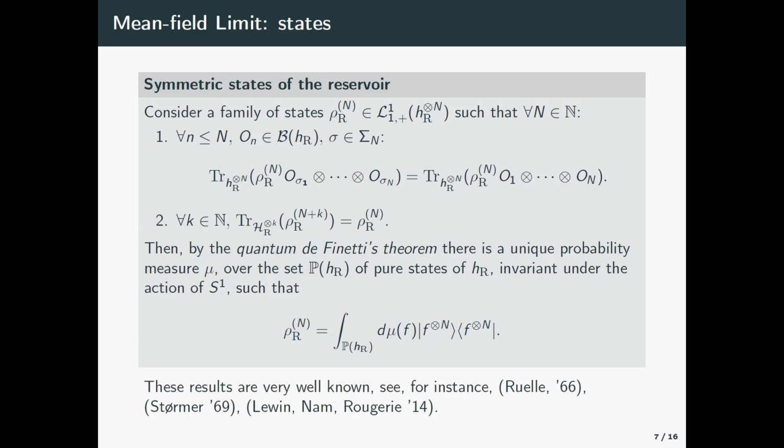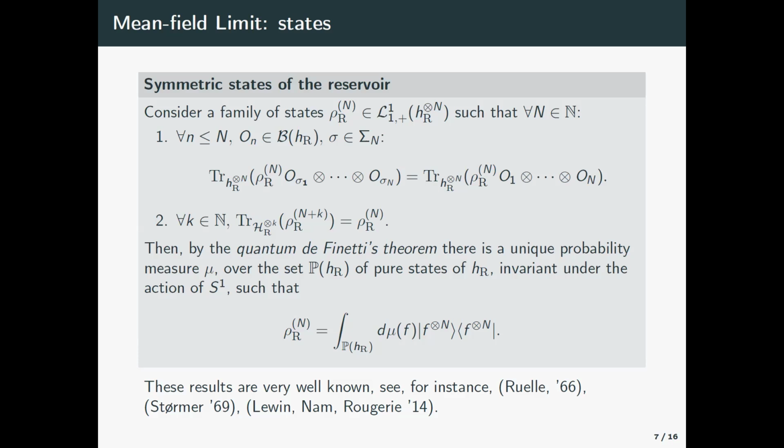Symmetric just means that under permutation, the expectation of product observables does not change, and if one takes the partial trace over k subspaces, then one gets back the density matrix one expects.